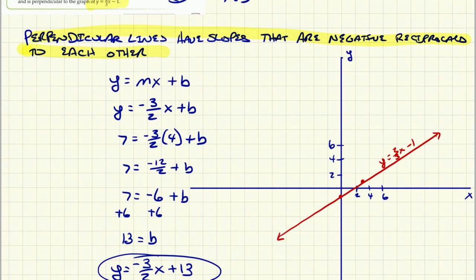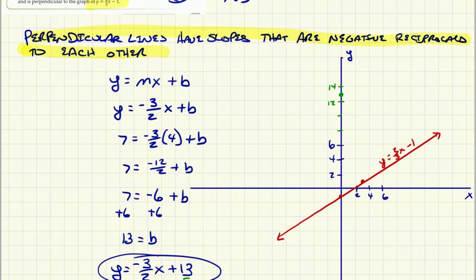We're going to have a y-intercept of positive 13. Let's see where that point is going to be. That's going to be 8, 10, 12. So this is going to be 14. If that's 14, then this is 12. Then 13 is going to be right here.